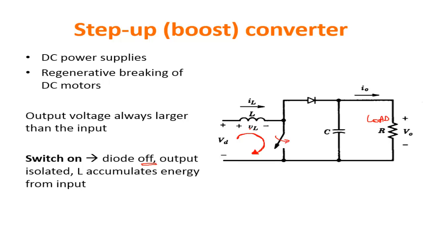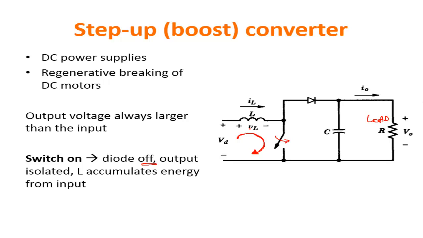When you charge a capacitor, you apply a larger voltage and then you store more charge in the capacitor, and the energy stored in the capacitor is proportional to the voltage squared. In an inductor, you store energy in the magnetic field, and that energy is proportional to the current squared. So you energize an inductor by increasing the current, and then you have some energy that you can spend later on.